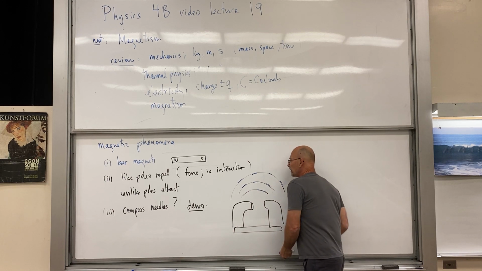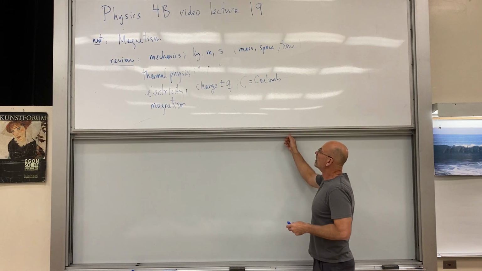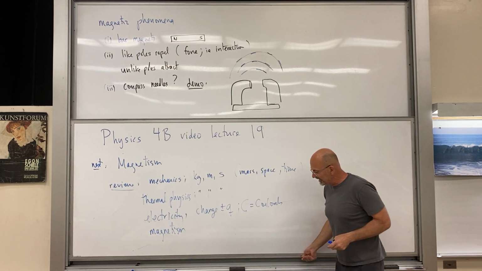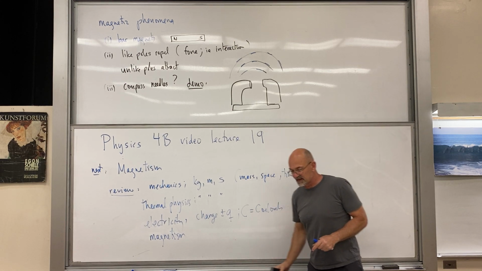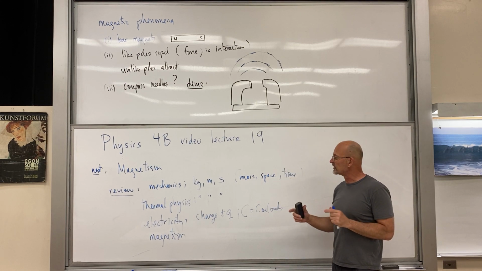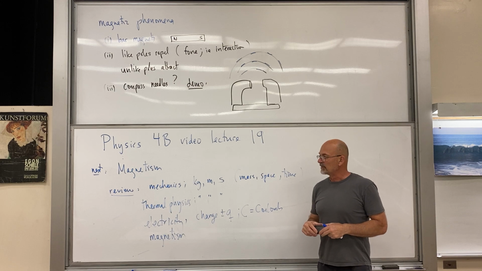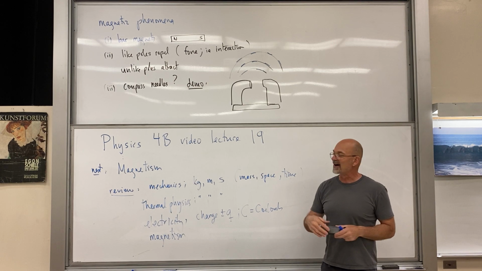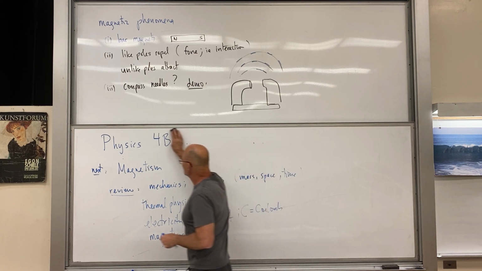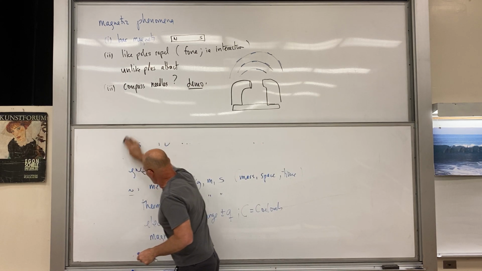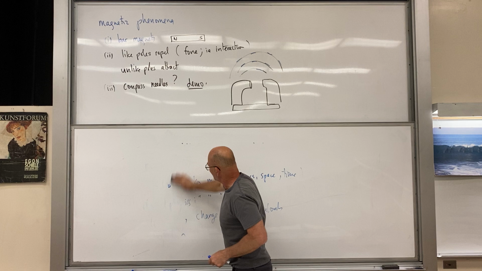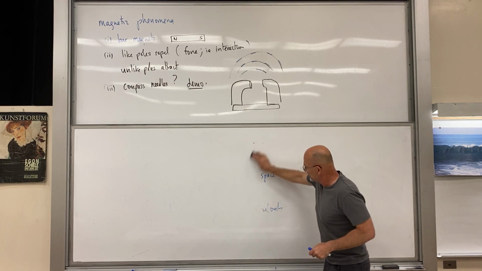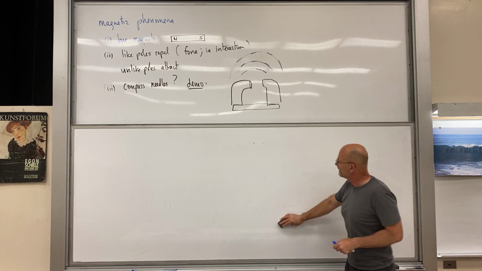Okay, so what I'm going to show you now is what you will see if you take a nice bar magnet, north and south pole, and either hold compass needles up to it or sprinkle iron filings. What happens is these objects line up with the magnetic field.